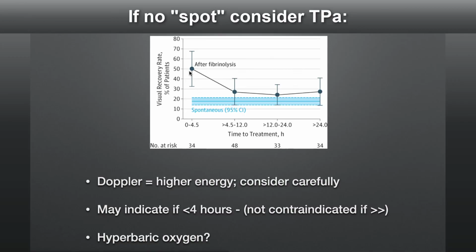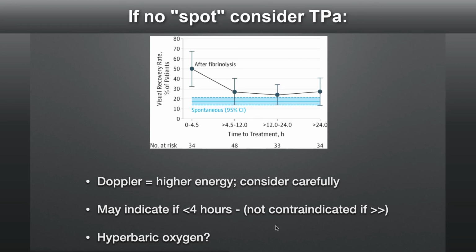If a patient does not have that little spot sign and you're less than 4.5 hours, then about 50% of patients in this study ended up with return of their vision, or fairly significant return of their vision, with TPA. So if no spot, and if you are concerned about central retinal artery occlusion, it's worth considering TPA. Here, you would be calling your consultants prior to that point in time, but this might help you out in the community when you're having to make this decision on your own.